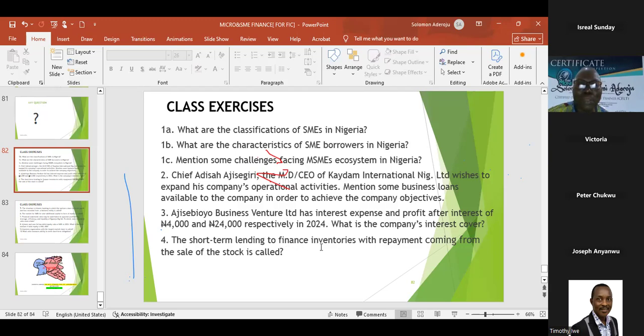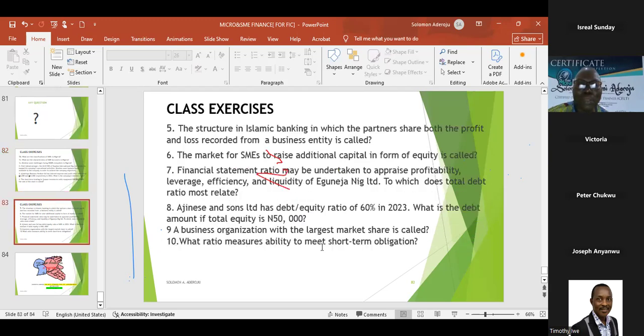It's called commodity finance. The structure of Islamic banking in which the partners share both the profit and loss, we mentioned it today. The market for SMEs to raise additional capital in form of equity is the second tier market.